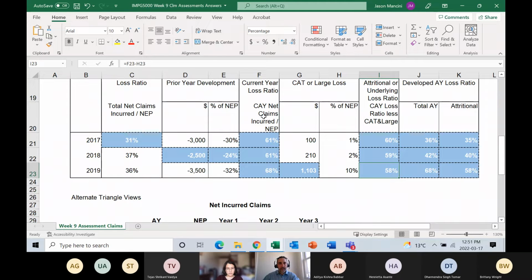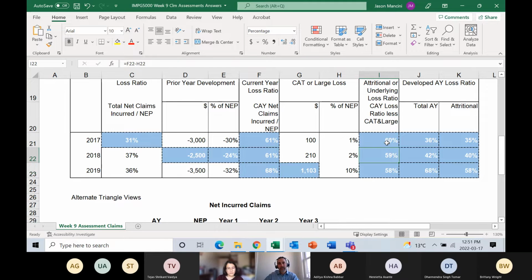So we have our loss ratio excluding prior year, which is the current year, less excluding these large losses or CATs, then you could get down to an attritional loss ratio. The reason they do that and the reason we spend time on it is because this takes out all the noise from unusual items that don't happen every year, and you could argue are not related to the premium that you're underwriting right now. Okay.